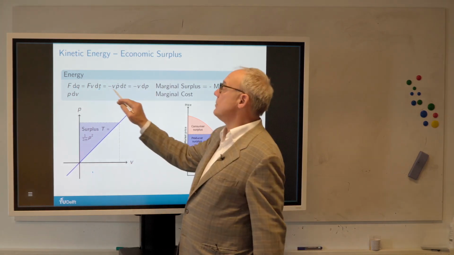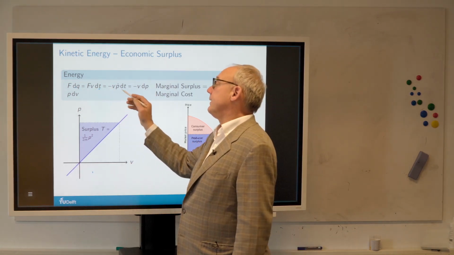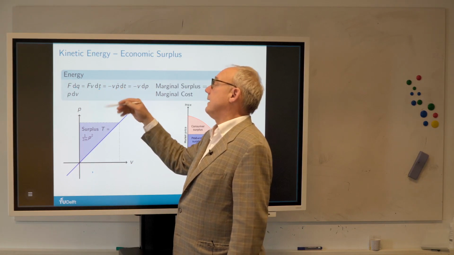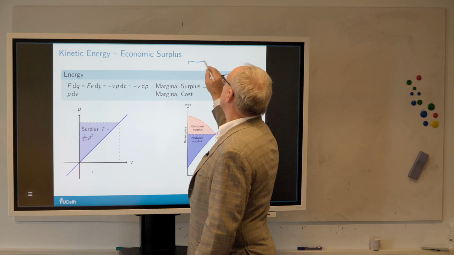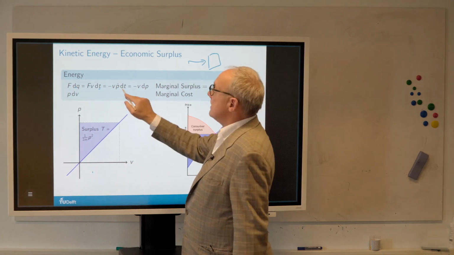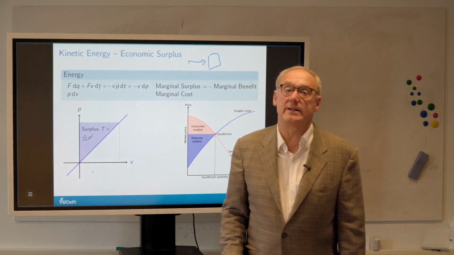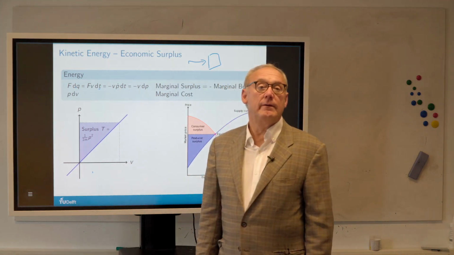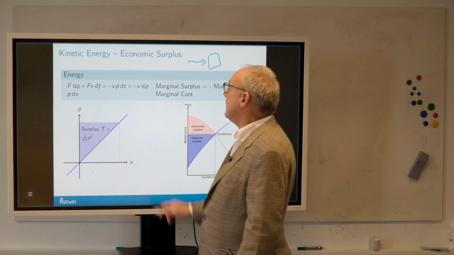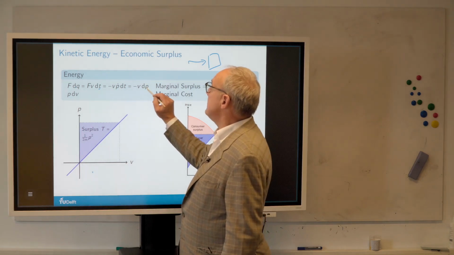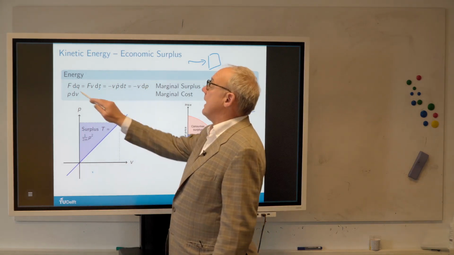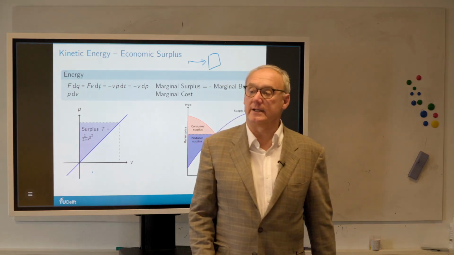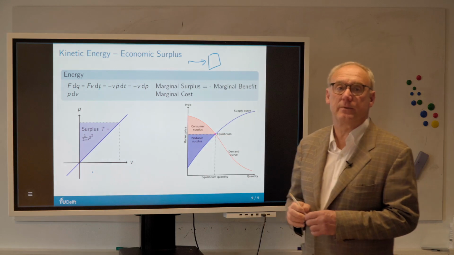Then I use Newton's third law, and I know that the reaction force to that, this force acting on some mass, must be p dot, a change in that momentum, okay? There's a minus sign that I pick up, all right? But I know that p dot dt is dp, and I find out that the work is equal to the negative of the change of kinetic energy. This thing is called the work energy principle, all right?